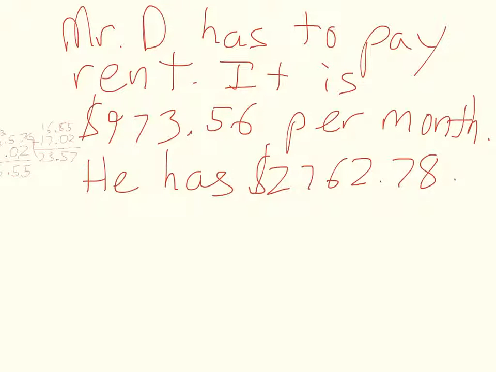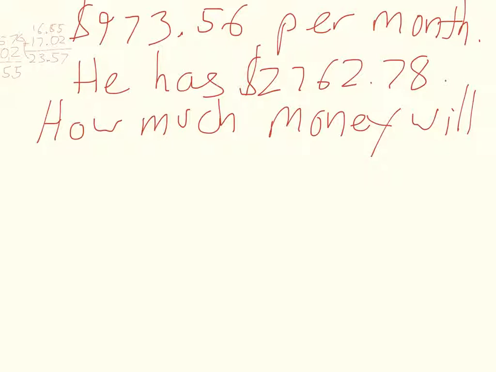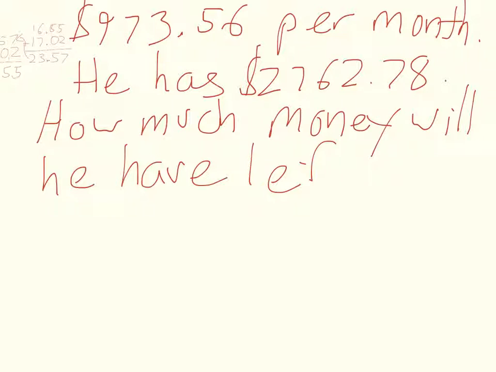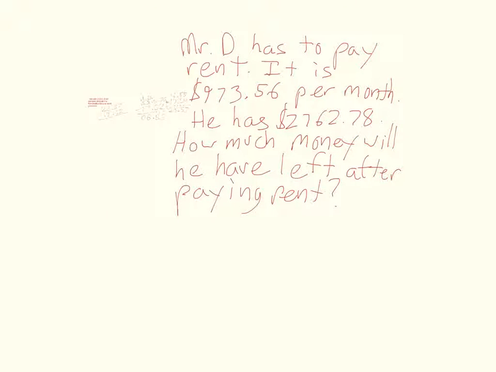He has, and we can say, how much money will he have left after paying rent? Question mark. You always want to make sure that you end with your question. How much money will he have left after paying rent? And we end with a question. So I can zoom out and we can kind of see the problem.